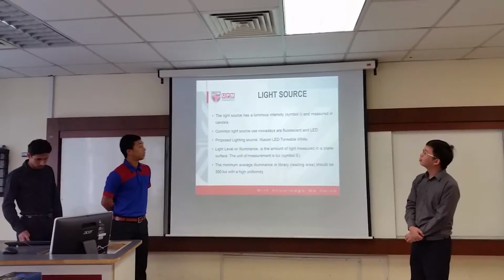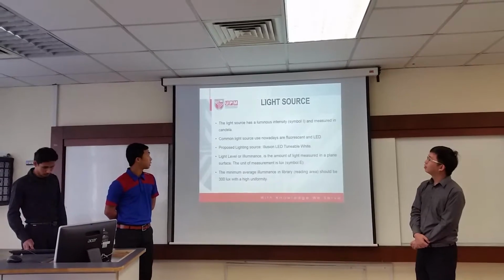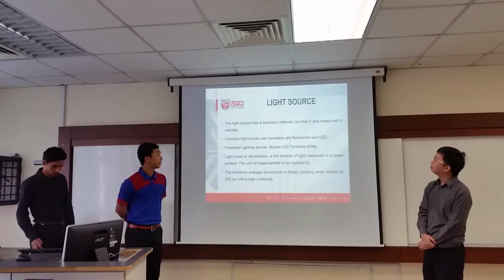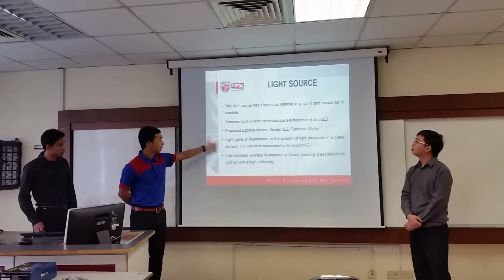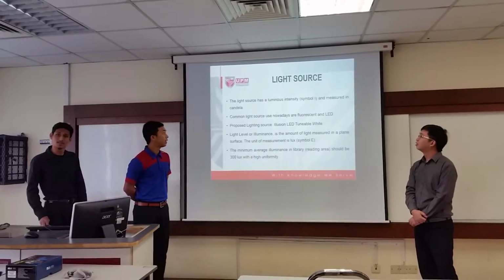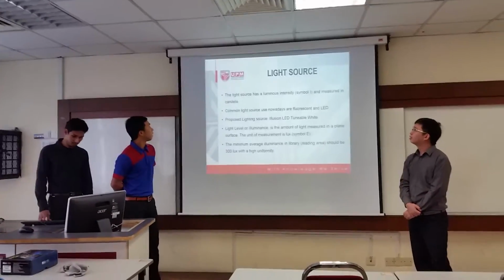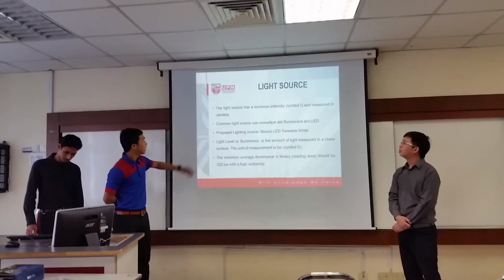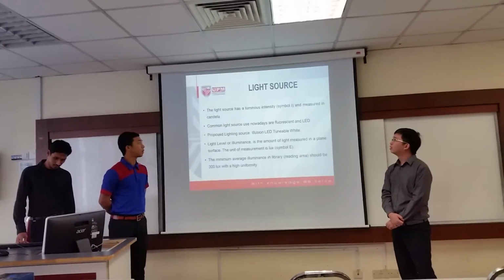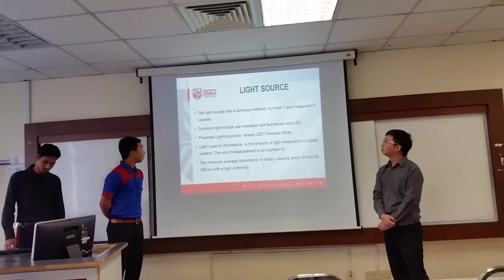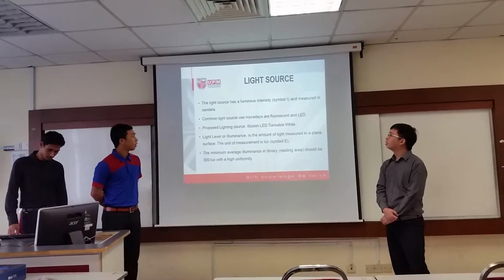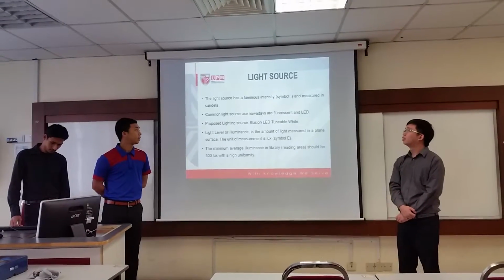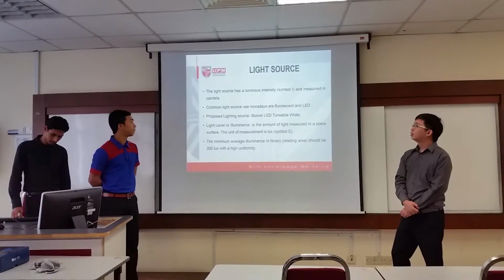Okay, light source. In this assignment, the light source has luminous intensity. The proposed lighting source is Illusion LED tunable white. And for the existing system, the common light source used nowadays is fluorescent. Then the third, light level or illuminance, is the amount of light measured on a plane surface.